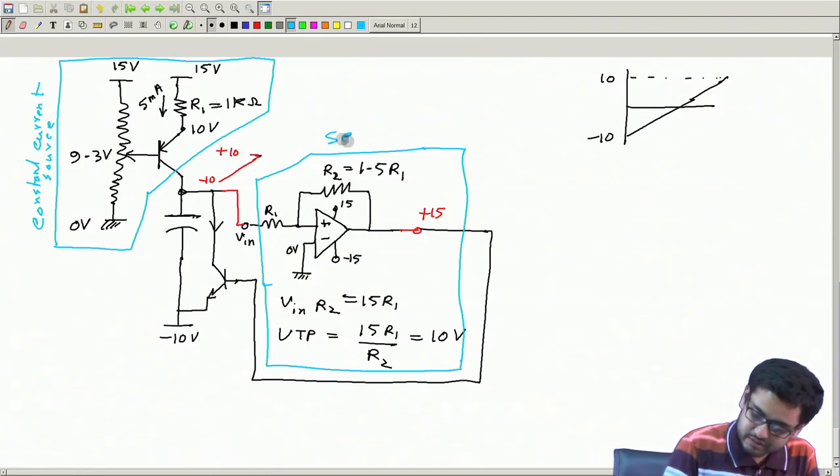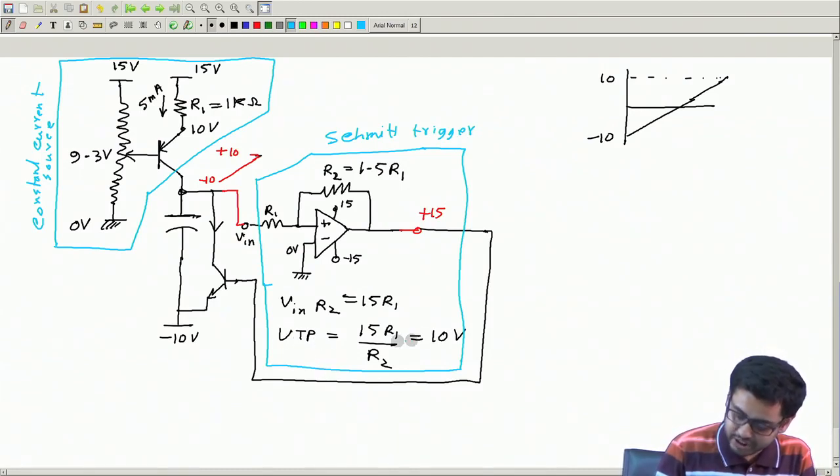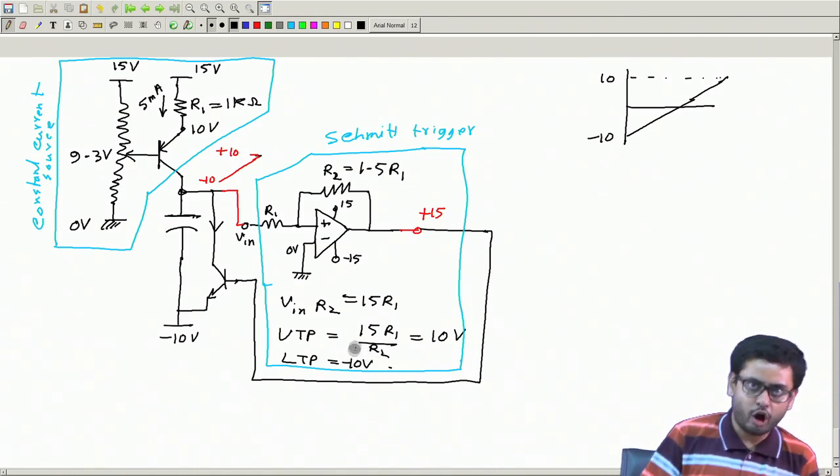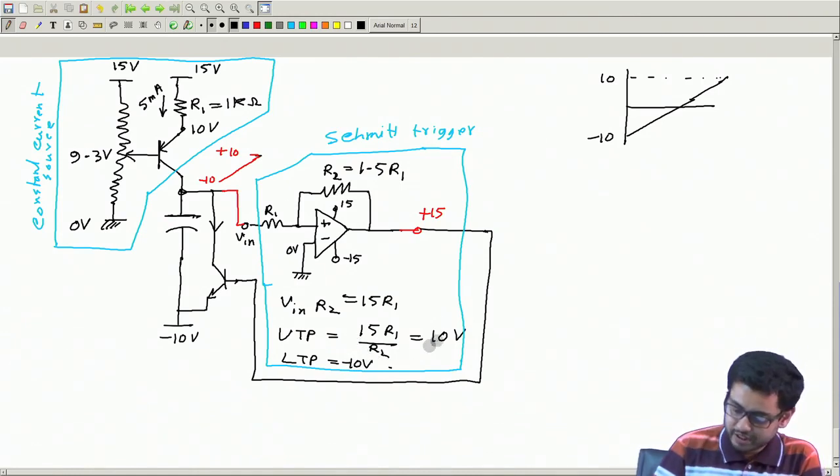This is the Schmitt trigger, and its upper trigger point is 10 volt. Similarly, the lower trigger point will be minus 10 volt. You can calculate it. Anyway, it is always symmetric. So I know if this is 10 volt, then this is going to be minus 10 volt.